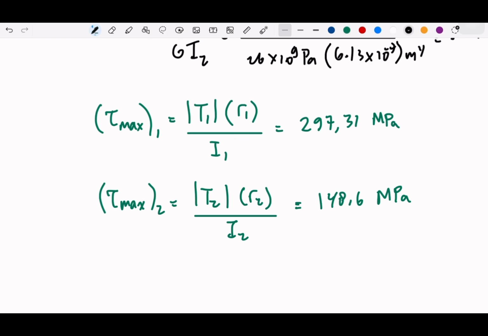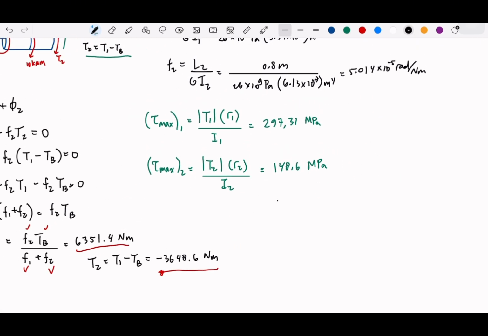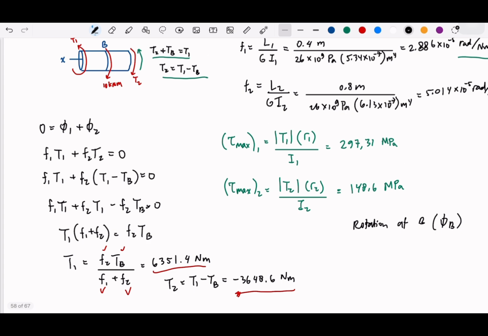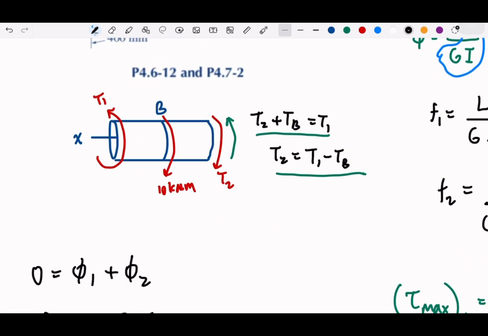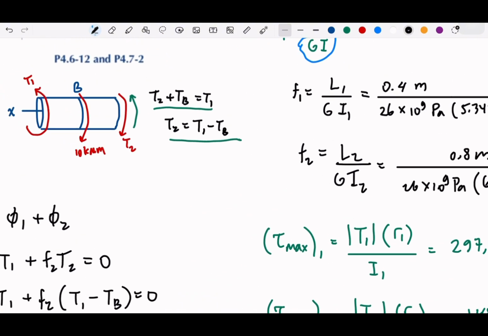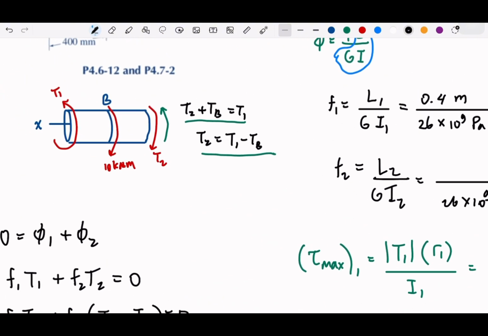and now we need to calculate the rotations. So rotation at B, or the phi B. If you look at the picture here, if we cut only B and T1 or T2, we get that this phi B will be equal to the phi 1.